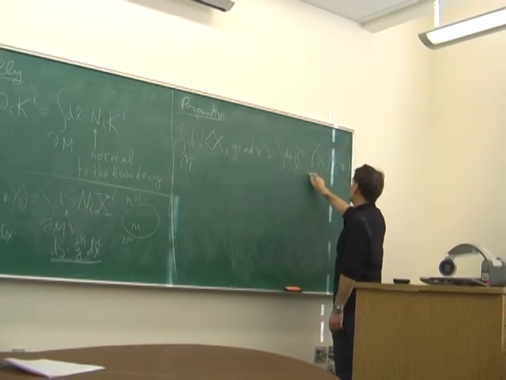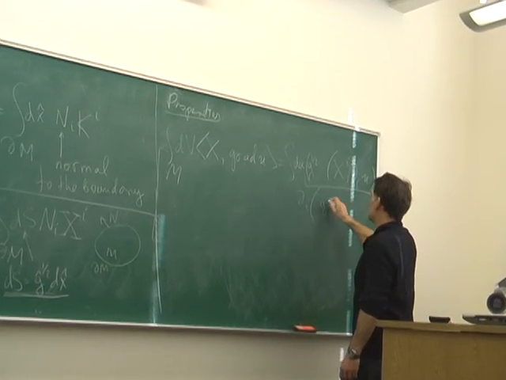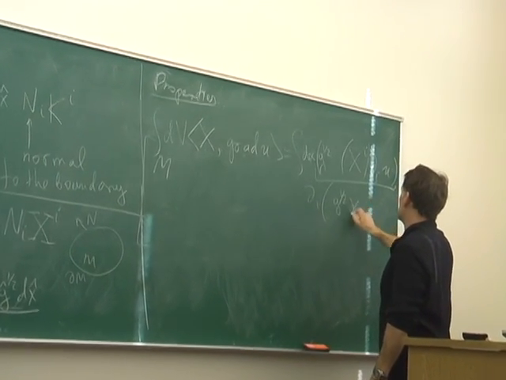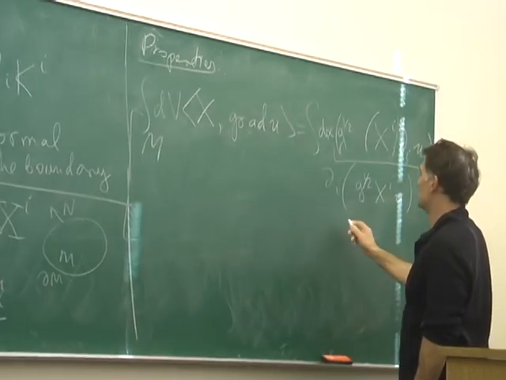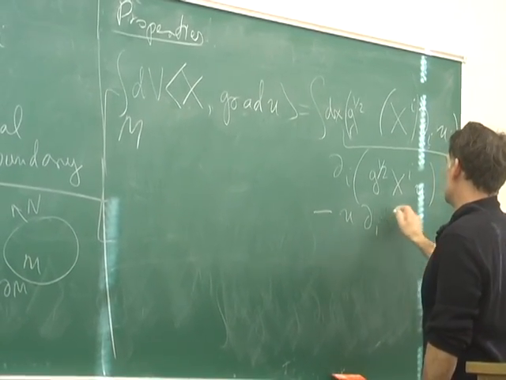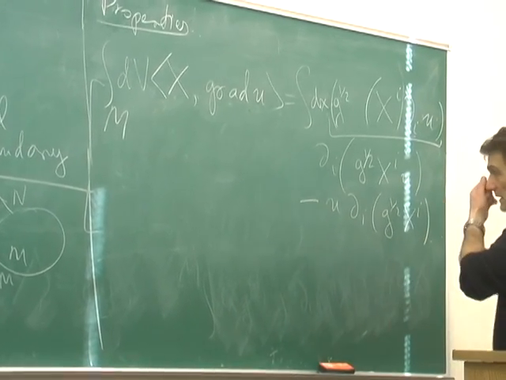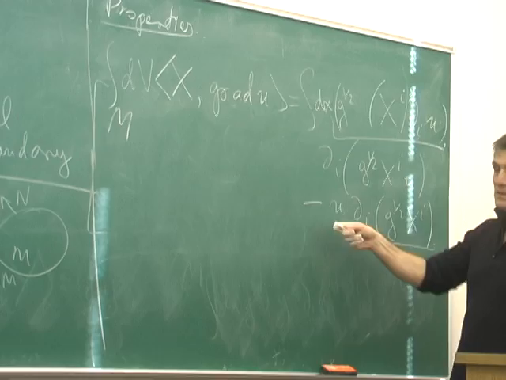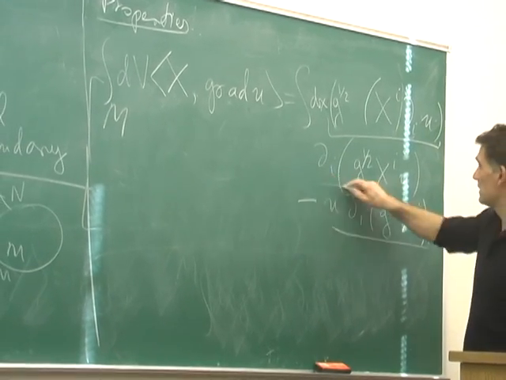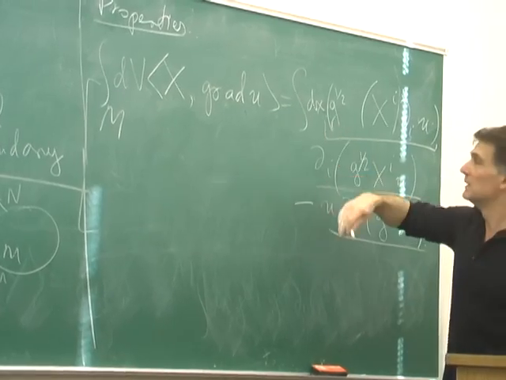Namely, this quantity is equal to d_i g^(1/2) X^i u minus u d_i g^(1/2) X^i. Right? So this part gives you the same term that I talked about, and this one is an integral of that. That gives you the boundary term.